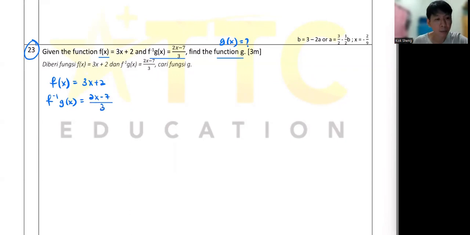Yeah. 3 marks. Okay, so we copy down both functions first, f(x) and the composite. Two x minus 7 over 3.